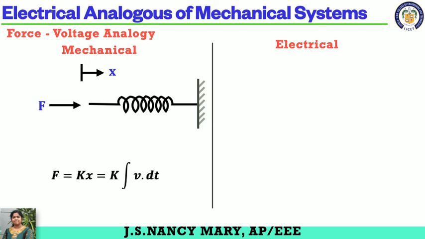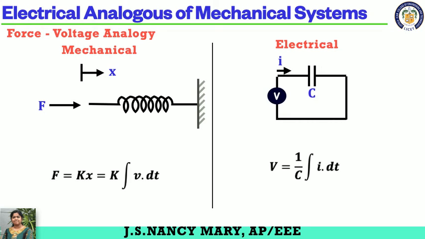Instead of velocity, I have to write current. So V is equal to integral of I into dt. So the corresponding element will be the capacitance, 1 by C. So this is your similar element of your elasticity in your electrical analogous.